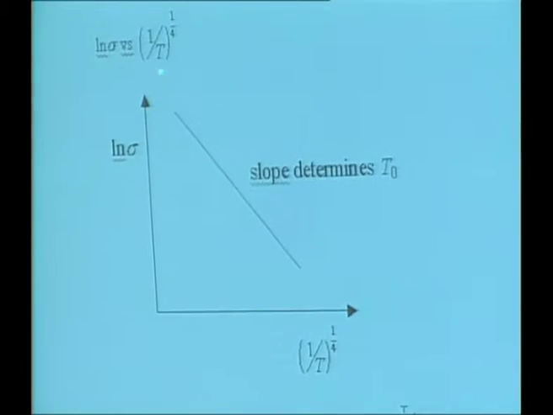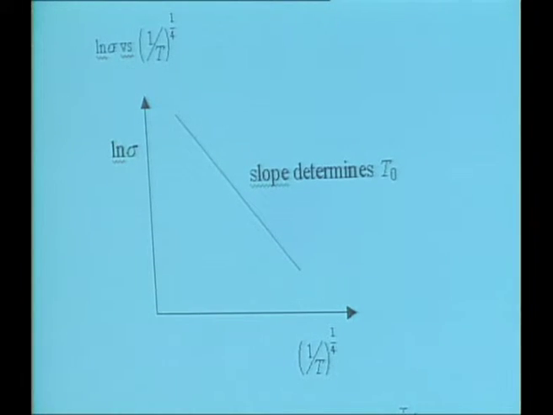And indeed, in his first paper, Mott took data from many different systems that were available at that time, not so many, but many more now, and he made this plot of the log of the conductivity versus the 1/4 power of 1 over T, and you find a straight line.